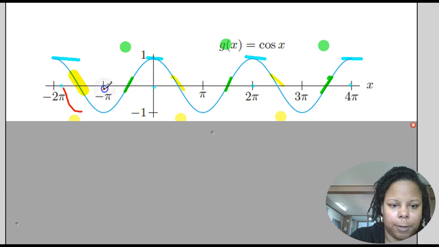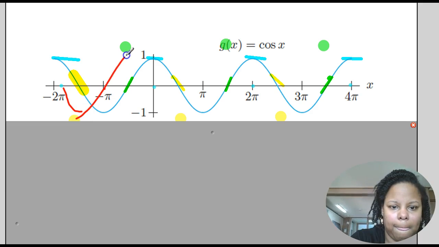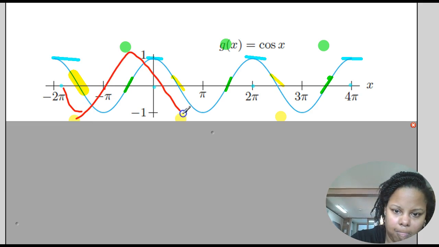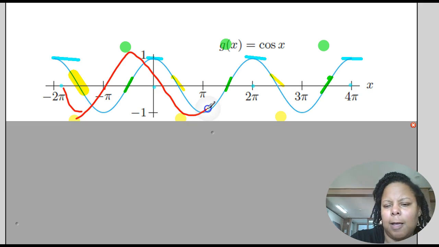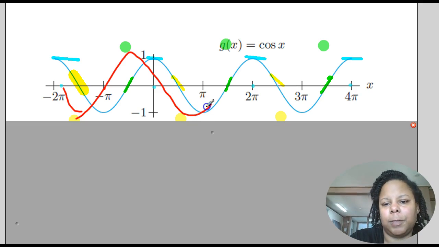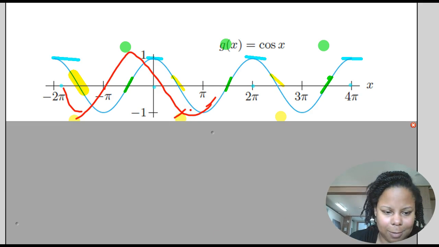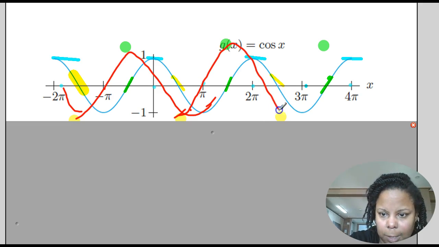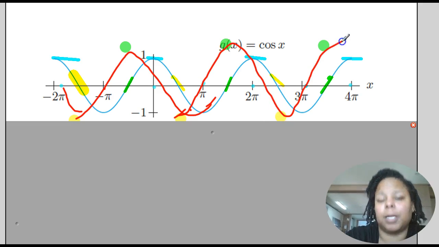Oh, I forgot the 0 here. Vice versa, you know what it looks like. Sorry, I can't draw, but y'all know what I'm talking about.